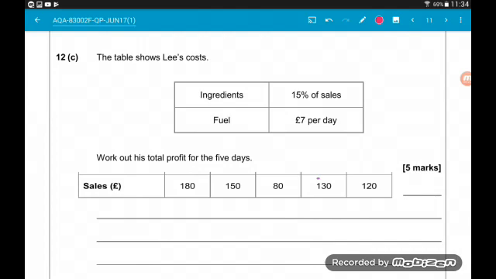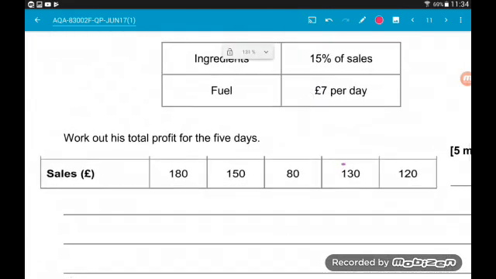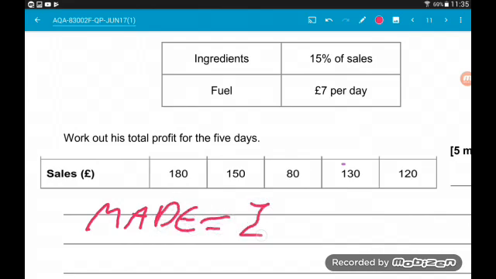We need that to work out the cost of his ingredients anyway. So I've stolen the sales from the previous page. We want to add all of these together. If we add all of these together, we will get money made is £660. So make sure you can get that.